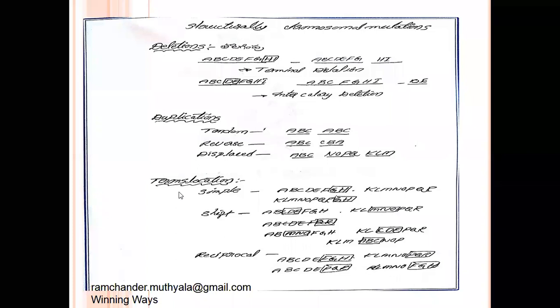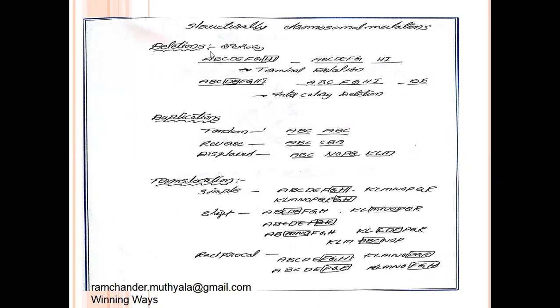And the third one is translocation. In translocation, genetic material is exchanged on the chromosome. By deletion, chromosome size will be decreased.